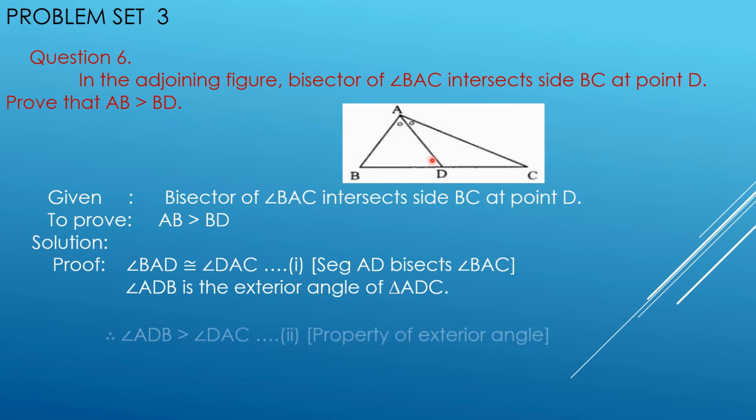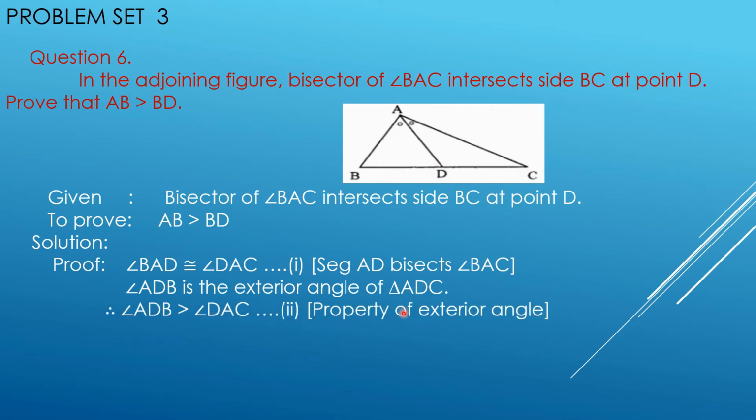By the exterior angle property, the exterior angle is always greater than the remote interior angle. Therefore, angle ADB is greater than angle DAC. That is equation number 2. Therefore, angle ADB is greater than angle BAD, from equations 1 and 2. This is equation number 3.